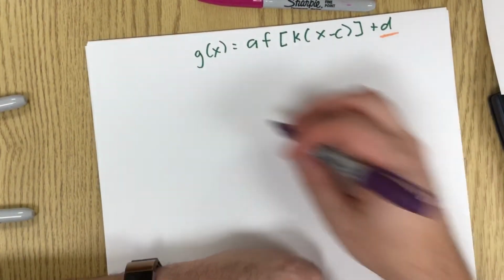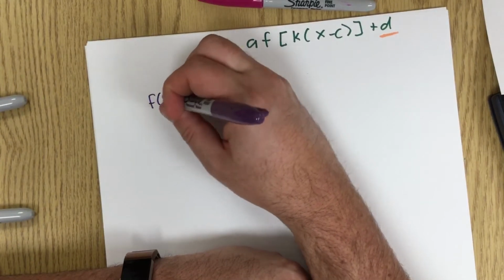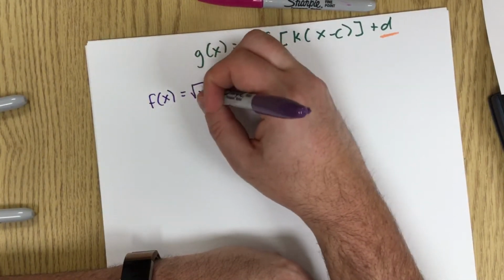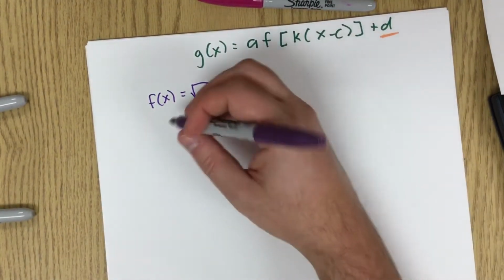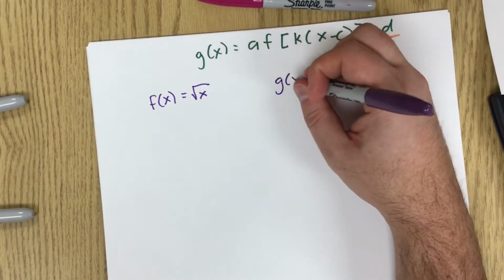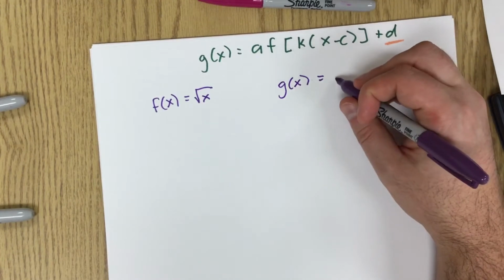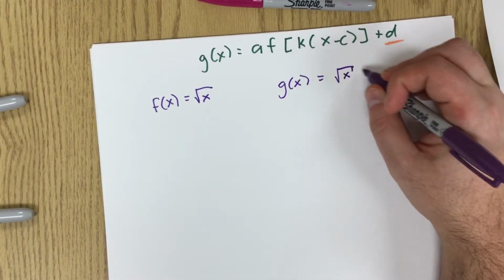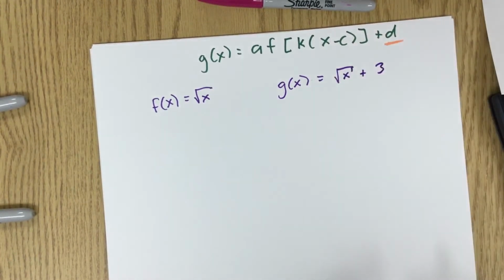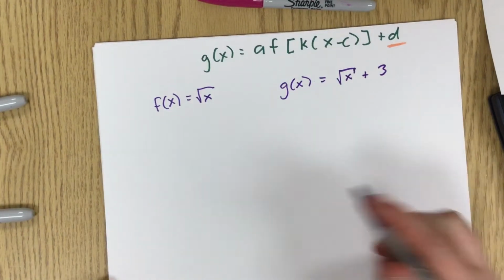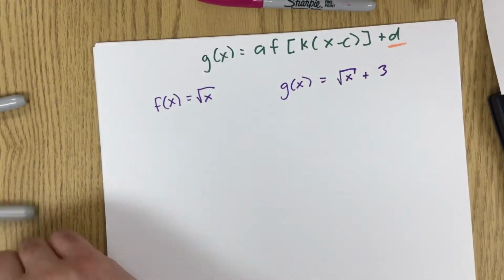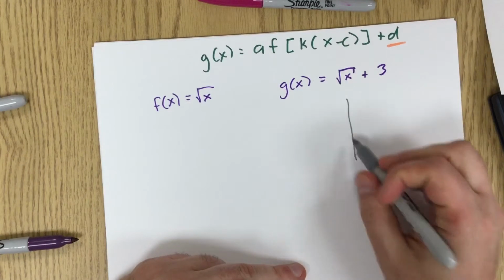So for example, we know that f of x equals root x. And let's say I said that g of x was the square root of x plus 3. So what I've done is I've done plus 3, and what's that going to look like? So we have our graph.